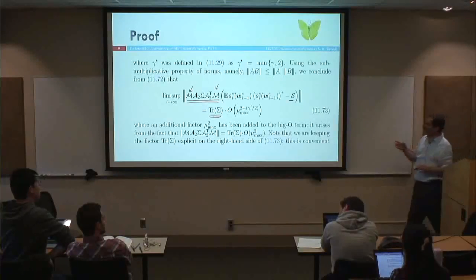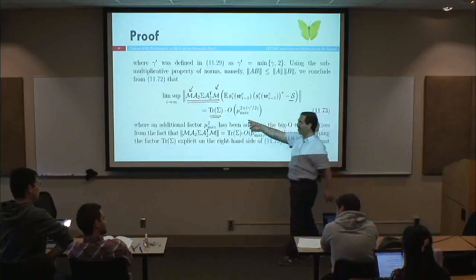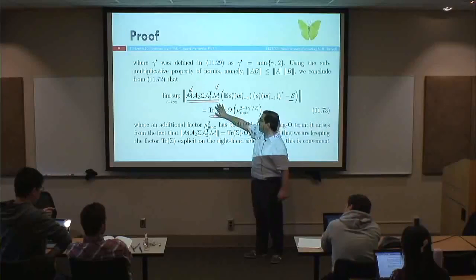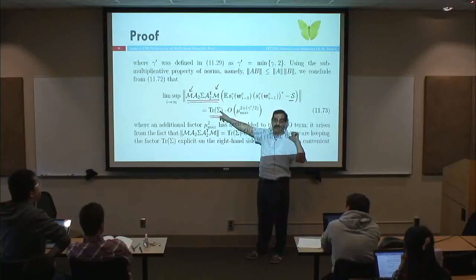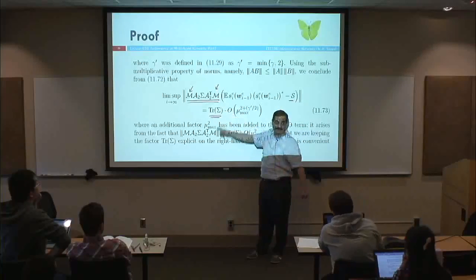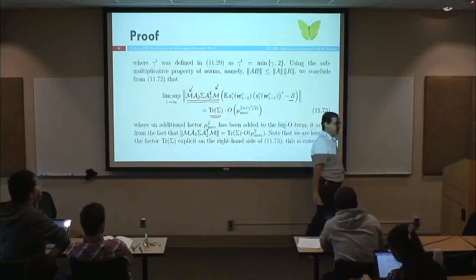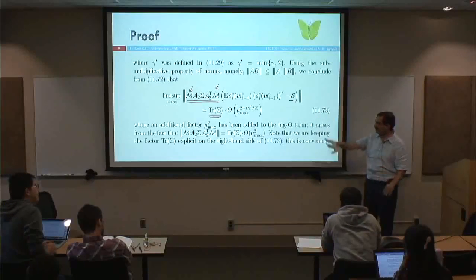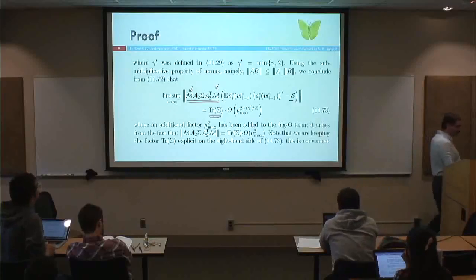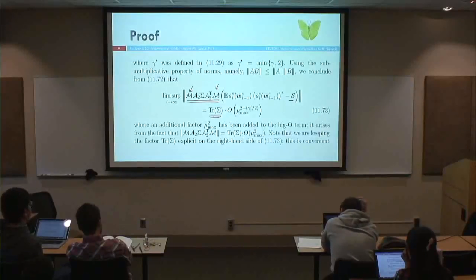You might say, why do I keep trace of sigma here? Why didn't I remove it? Because you are going to see, I'm going to choose sigma and it's going to have an impact here. So keep it, because technically I still don't know how I'm going to choose sigma. Very good.